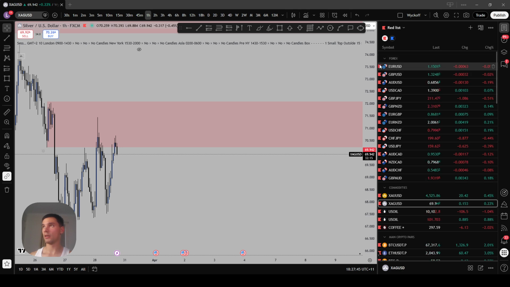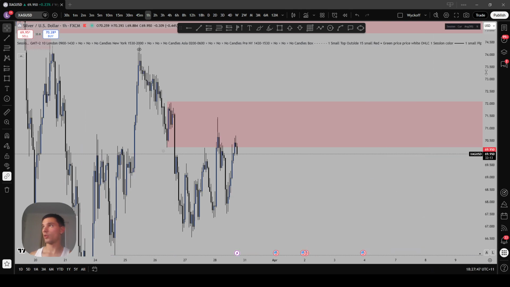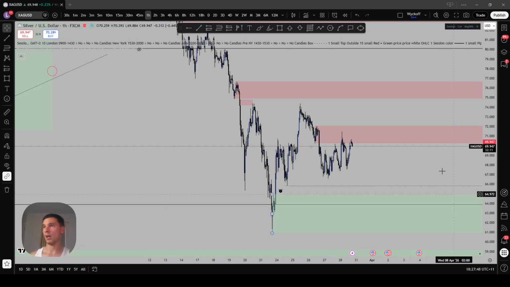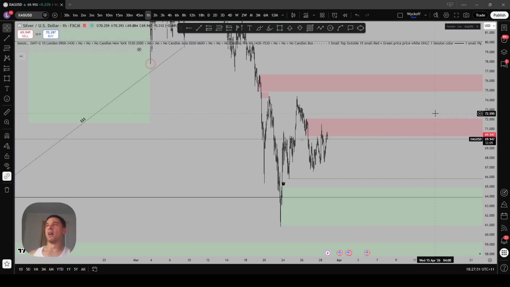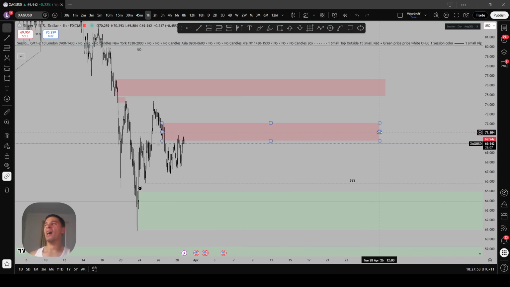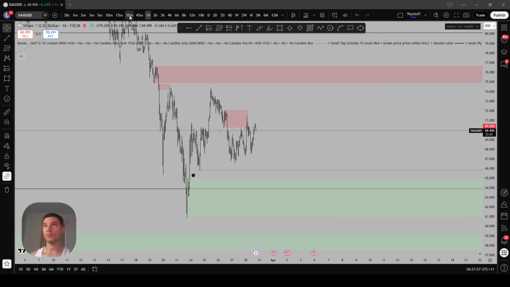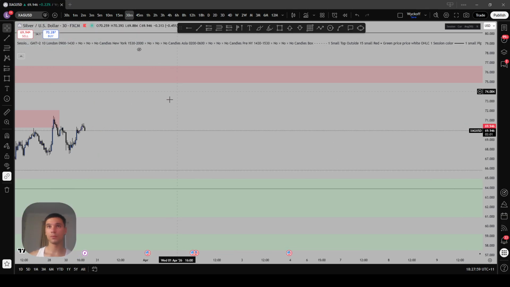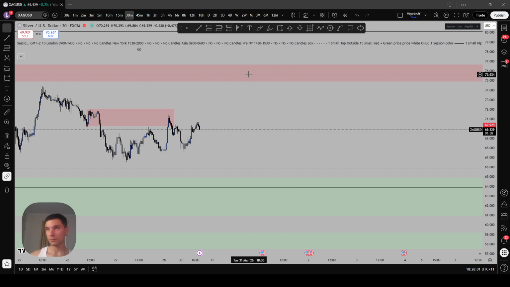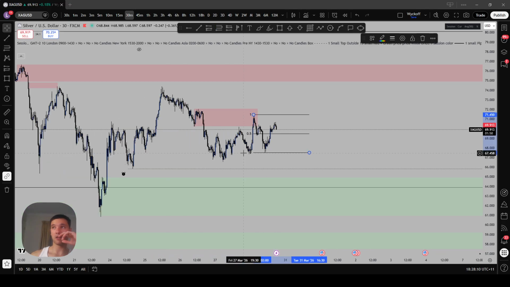With silver, we are quite deep into this supply POI. I will use this as my range.